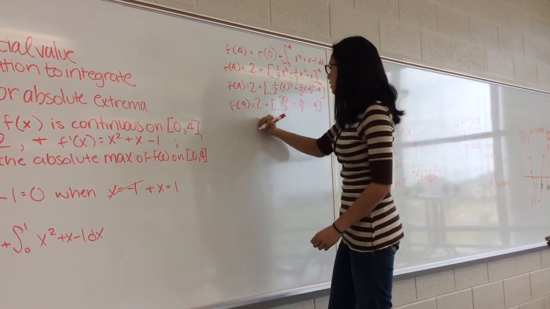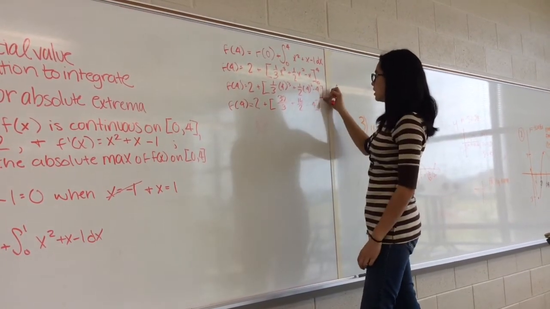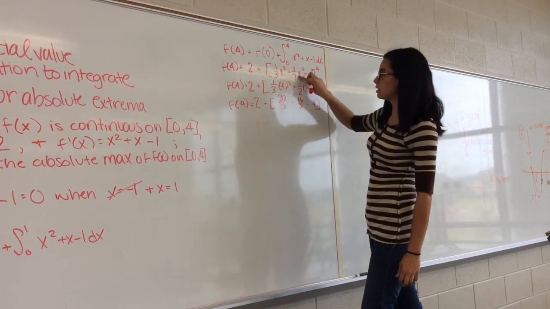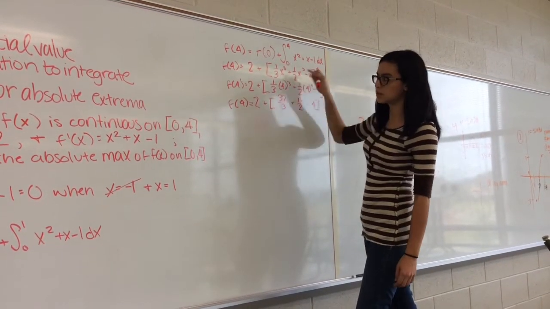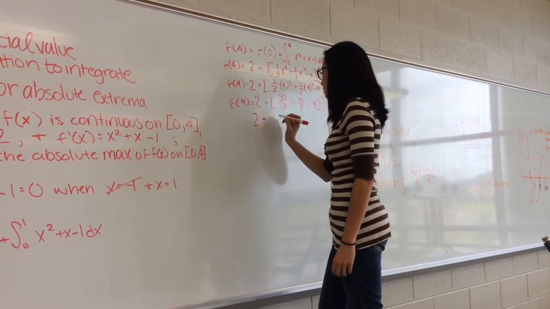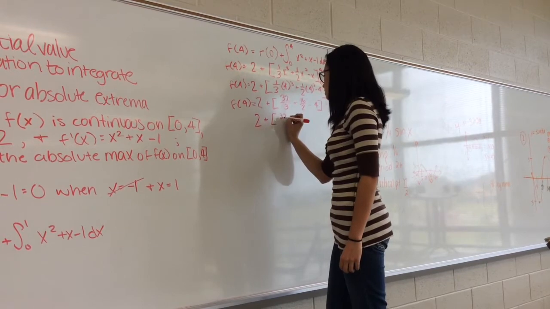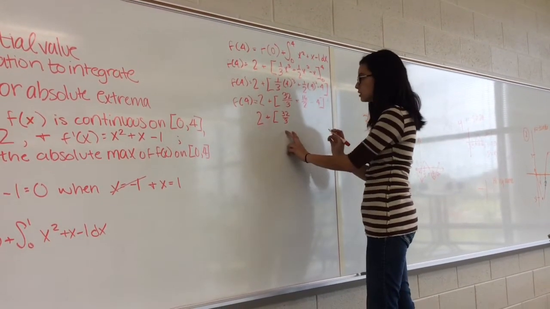And then again at 0, it's just 0 because every part in this equation has an x in it. So when you plug in 0, it comes out as 0. So we're going to evaluate. I'm going to do this piece first and then do this.